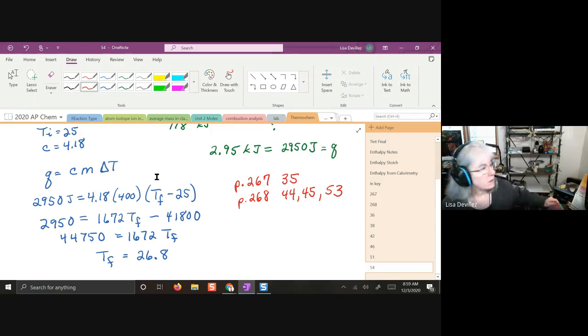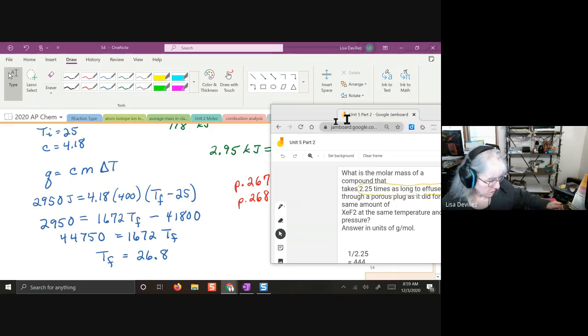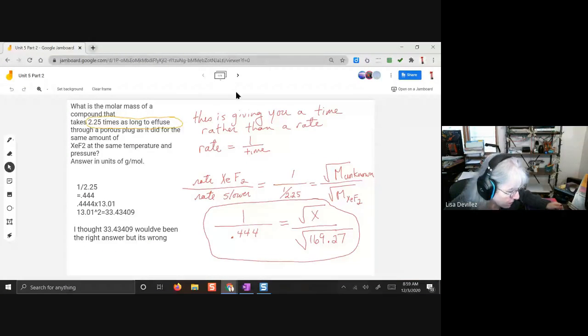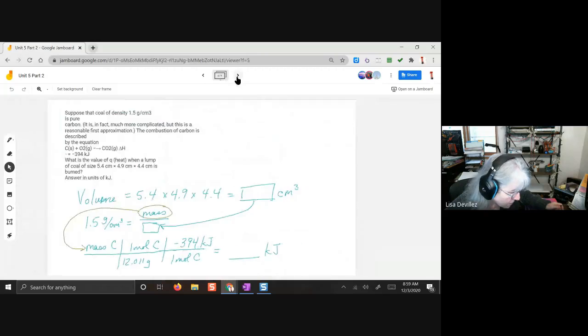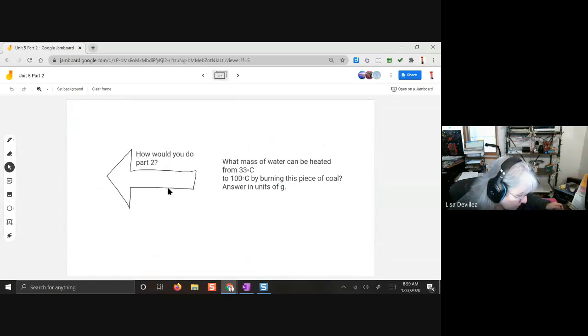Okay, I haven't looked at the Jamboard, but let me check it while we're here, to see if anything was on there. Part 2 of the, oh, okay.